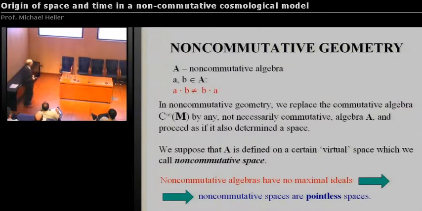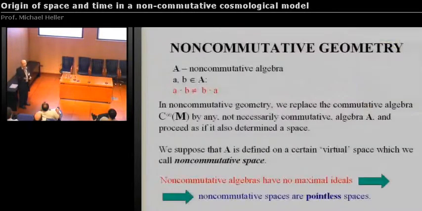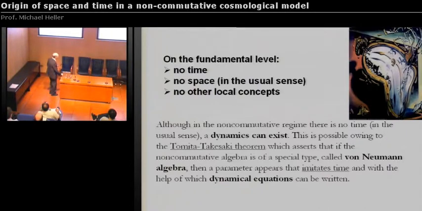And if we do that, then the consequence is the following: on the non-commutative level, there will be no time, because time is composed of moments, instants. And if there are no points, no instants, there is no time. There is no space in the usual sense. And there are no other local concepts. Only global concepts are valid in non-commutative geometry.